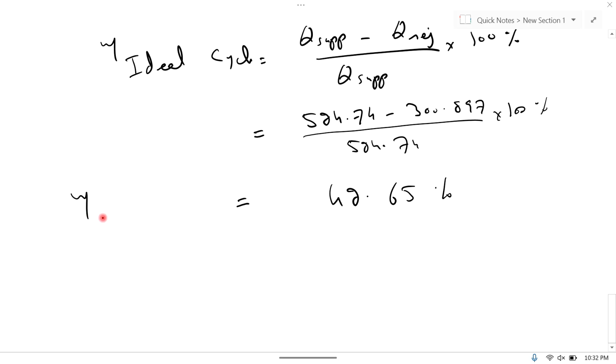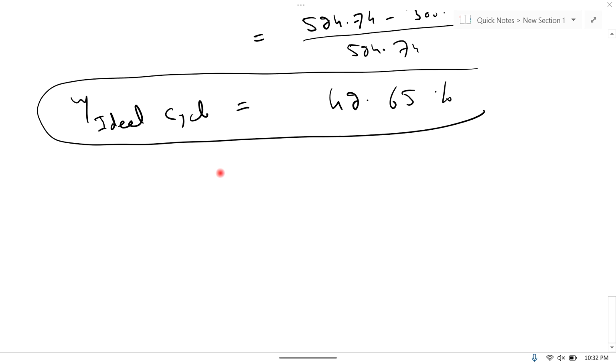So the ideal cycle efficiency is equal to 42.65%. Now we are finding the work ratio.